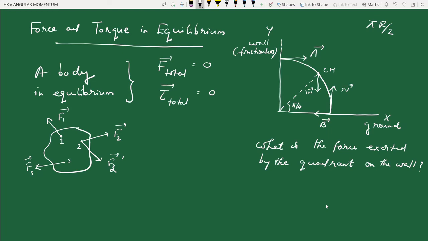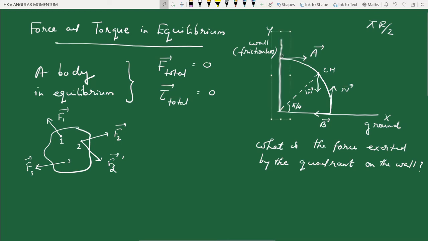The four forces are: force A, which is acting normal to the wall at the point where the quadrant is in contact with the wall. There is no horizontal force at this point because the wall is frictionless.